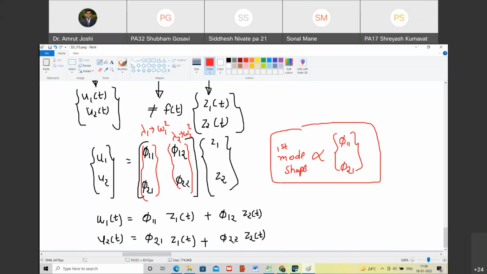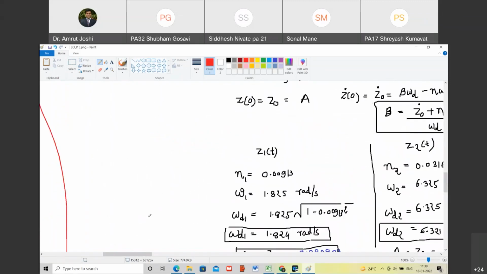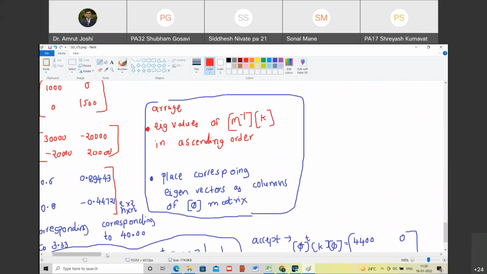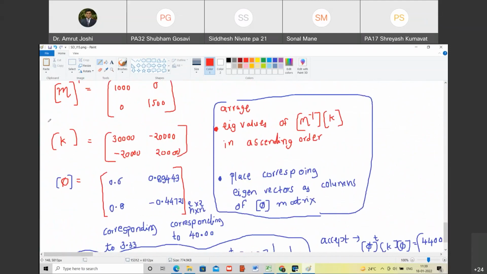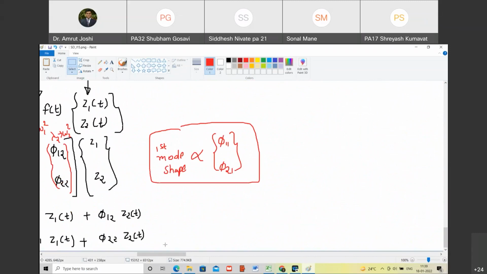Happy? Yes, sir. Okay. Now let us write down these values of phi. So have we calculated phi? Yes. Where is the phi? This one. Are you with me? Yes, sir. So let me write down that value here.